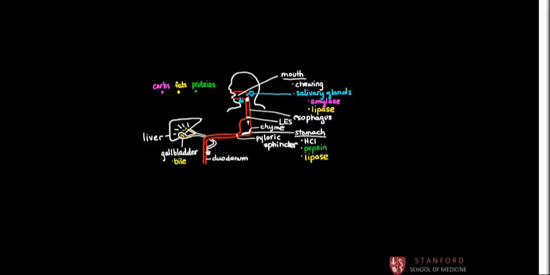And there's another accessory organ that also sort of dumps its products into the duodenum right about there at the same spot, and I'll draw that one in blue. And this accessory organ is called the pancreas. The pancreas.